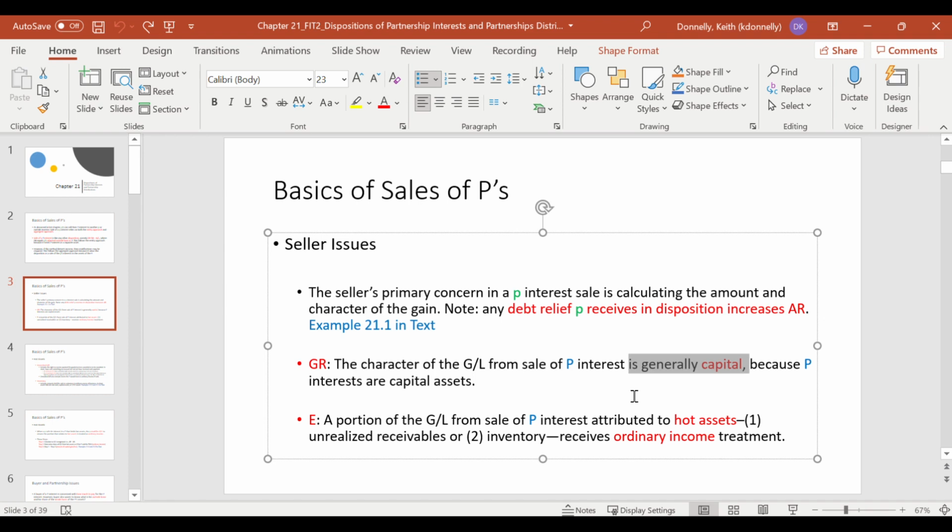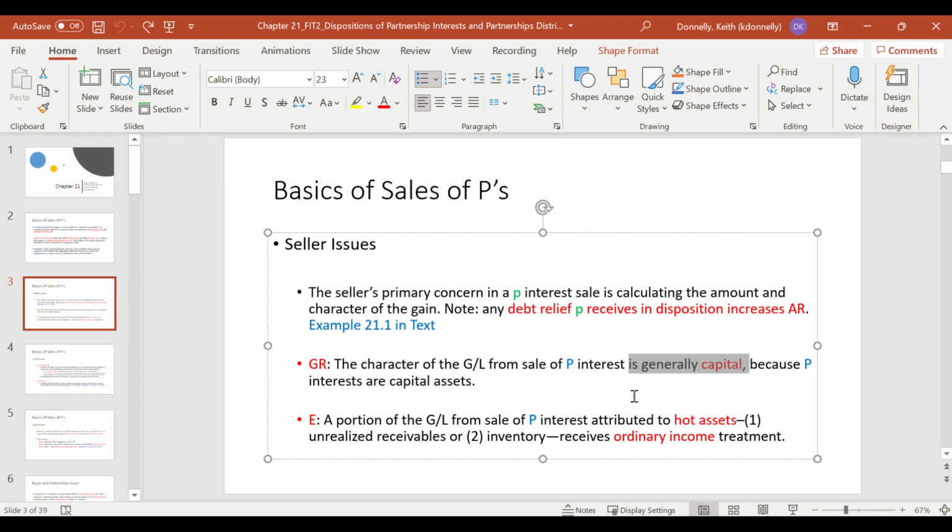What they don't want you to do is take your sale of your partnership interest and treat it as a capital gain when, substance over form, some of that represents a portion of the inventory. Had the partnership sold it, they would have recognized ordinary income. So generally your sale of your partnership interests is going to be capital gain.